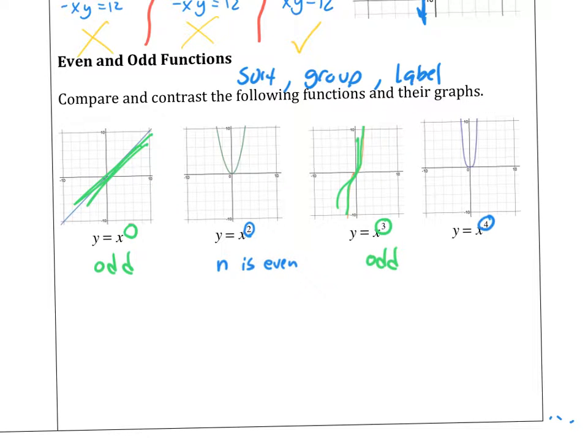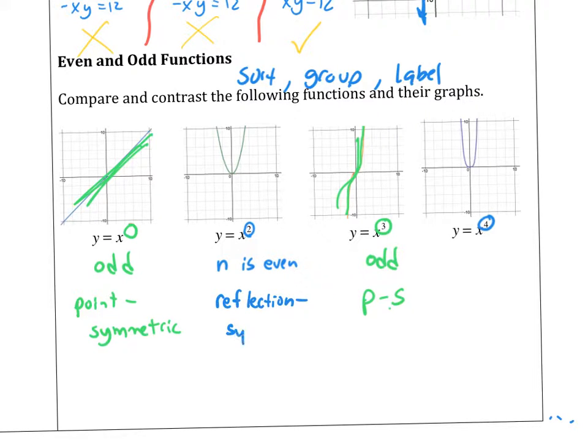What type of symmetries do each one of these have? When the exponent is odd, we have point-symmetric. In other words, rotational symmetry. And same thing here, point-symmetric over there. So this one, the even one there, is not point-symmetric, but what do we call it?